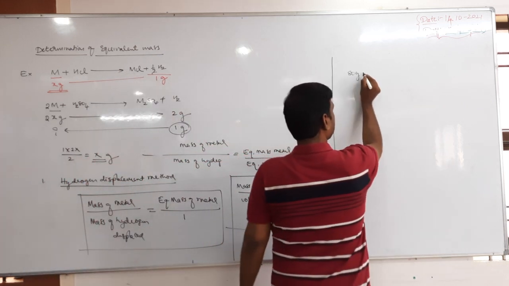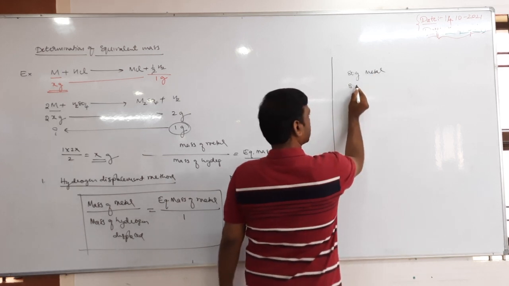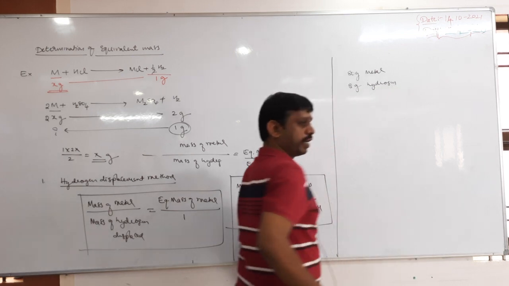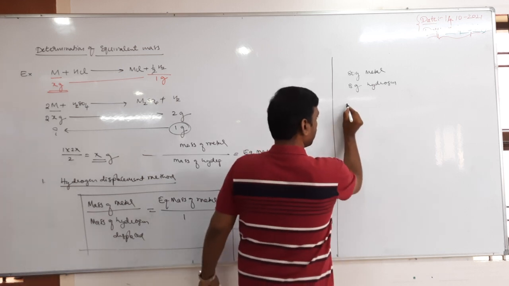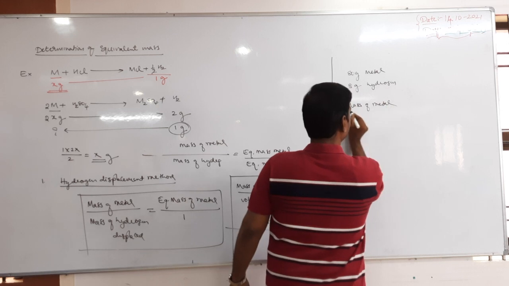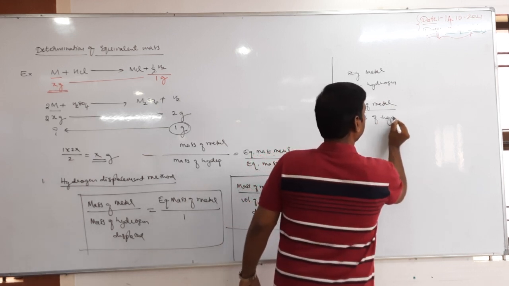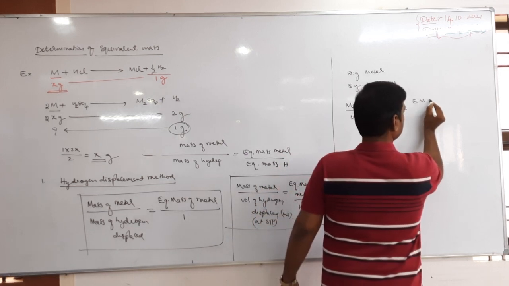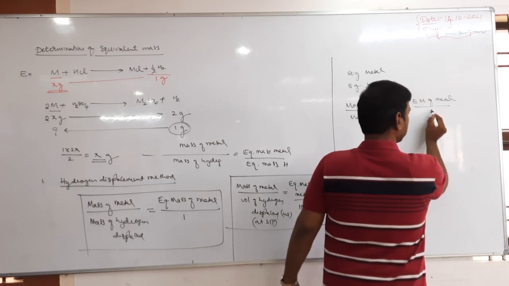So 80 grams of metal is a metal which displaces 8 grams of hydrogen. Okay, so in the hydrogen displacement method, what is the formula? Mass of metal by mass of hydrogen equals equivalent mass of metal by equivalent mass of hydrogen, which is 1.